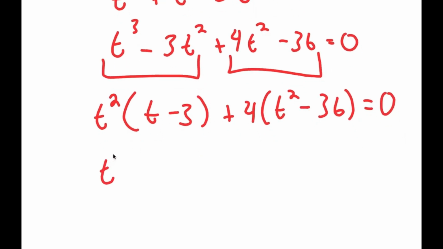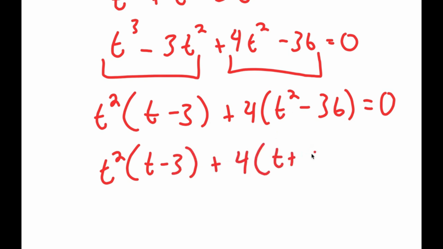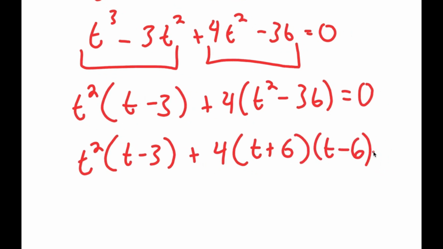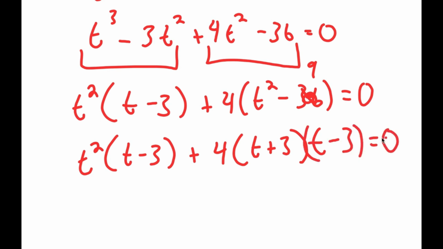And t squared minus 36 is the same thing as t plus 6 times t minus 6. Sorry, this isn't supposed to be 36. This is supposed to be 9. So I get t plus 3 times t minus 3 is equal to 0.